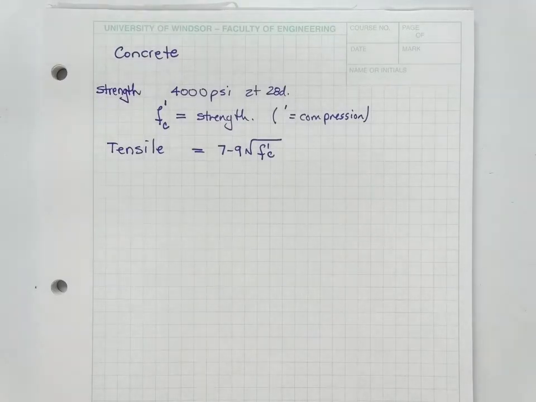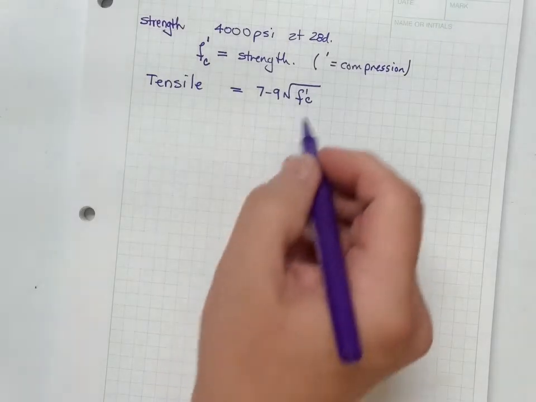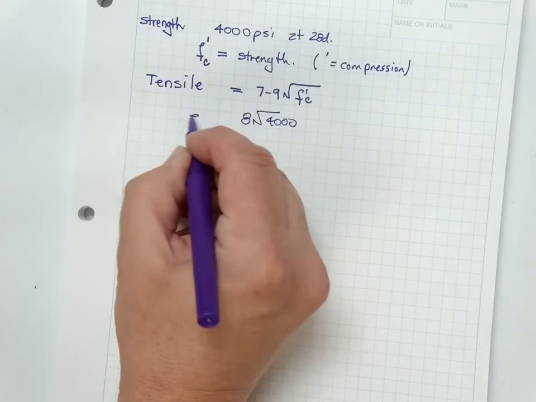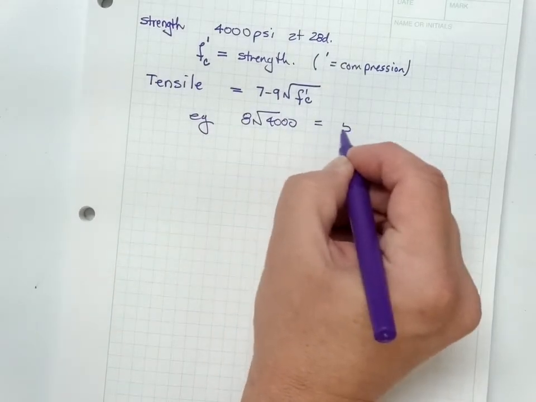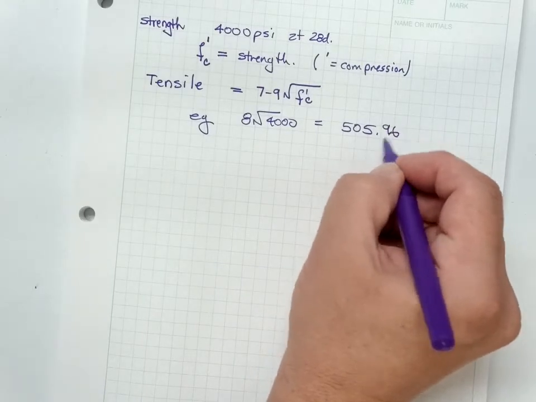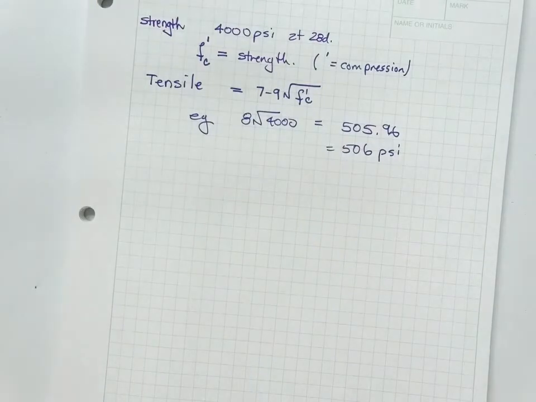You have to bring a calculator of some kind to class, because what we're always going to be doing are engineering calculations. So 8 square root of 4,000, for an example, is equal to 505.96, we're going to call that 506 PSI. That's not very good, right?